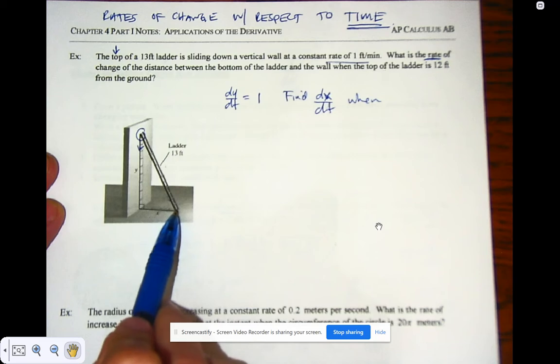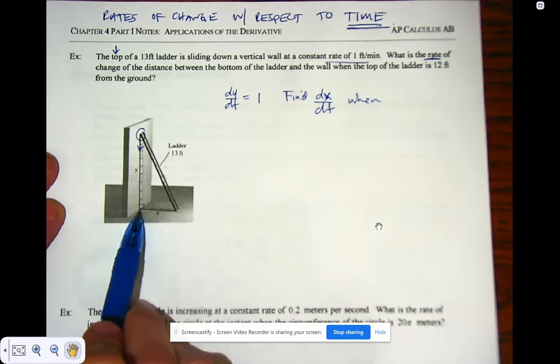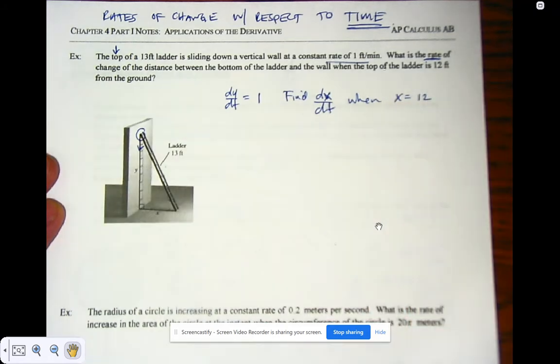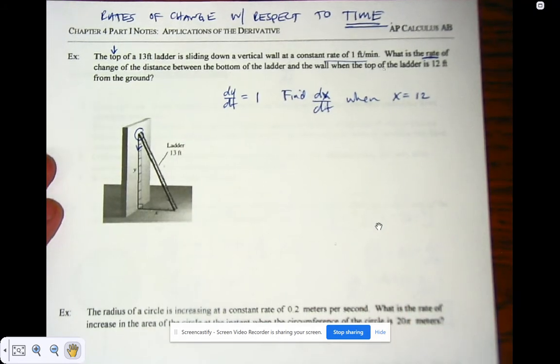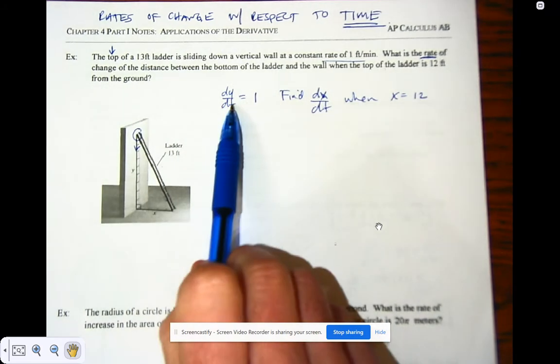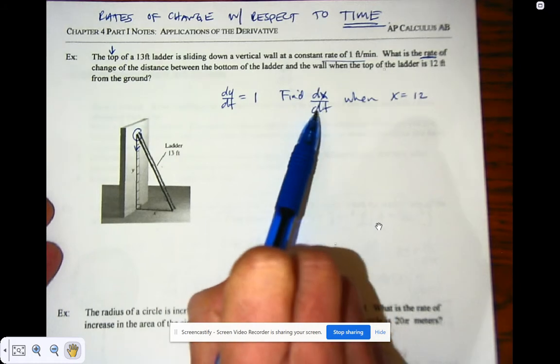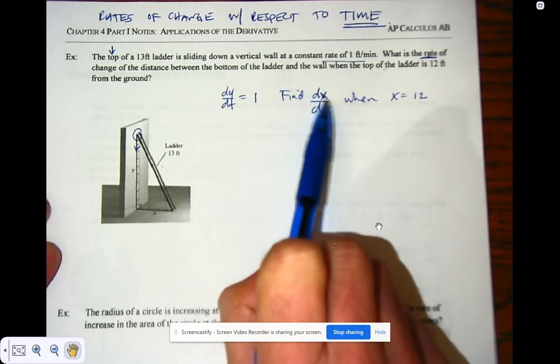When the ladder is 12 feet from the ground means when x is equal to 12. Okay. All right. You would get FRQ points for interpreting that. You now know you're supposed to find dx/dt, okay, when x is 12.